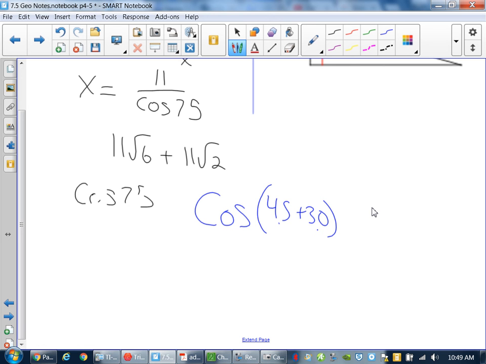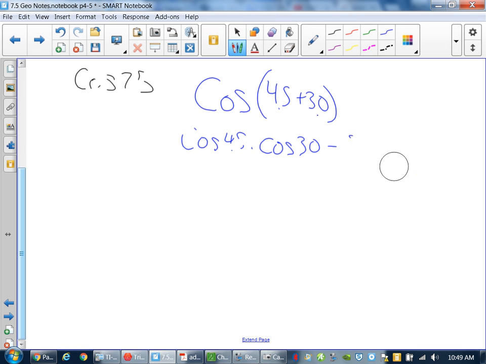What happens is there's this long-winded formula that says that's the cosine of 45 times the cosine of 30 minus the sine of 45 times the sine of 30.